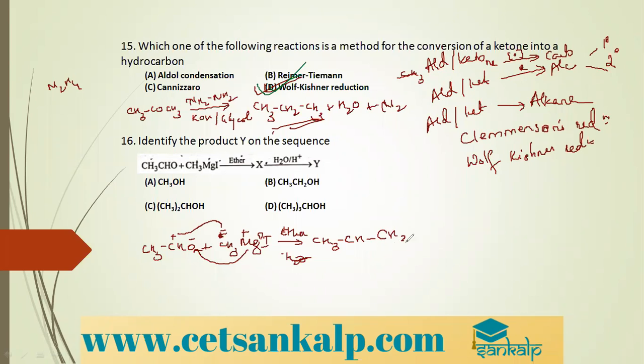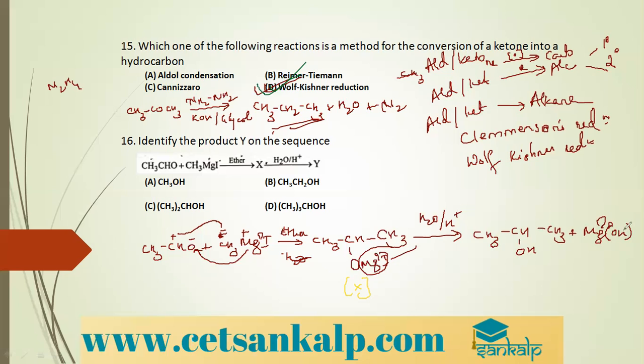So CH3, here single bond, oxygen with a negative charge, MgI. So this is our X. Now they have asked the sequence. The next step is hydrolysis, acid hydrolysis. What happens? CH3CH plus X.